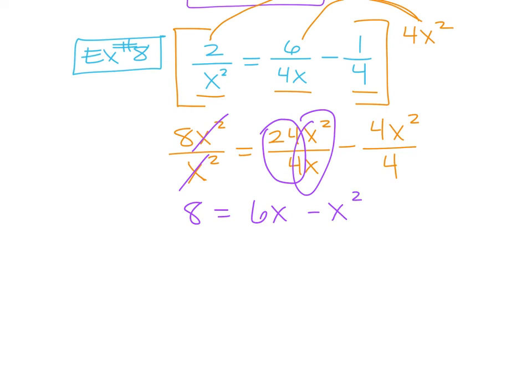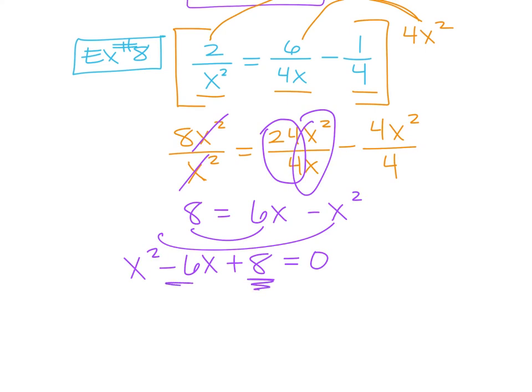Okay, so again, you have a quadratic here. If we move things around, move the x squared to the front, so x squared minus 6x plus 8 equals 0, right? I'm just moving these guys over. So what can you multiply to get 8 that you can add to get a negative 6?